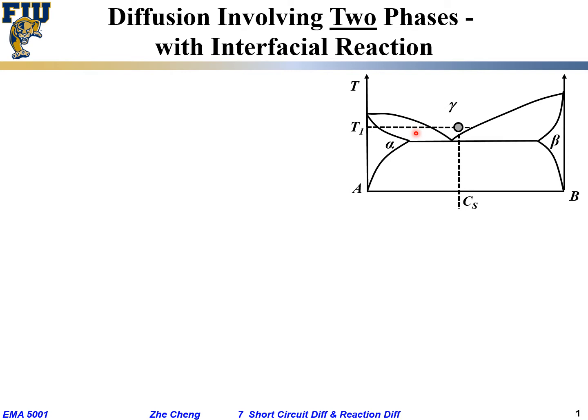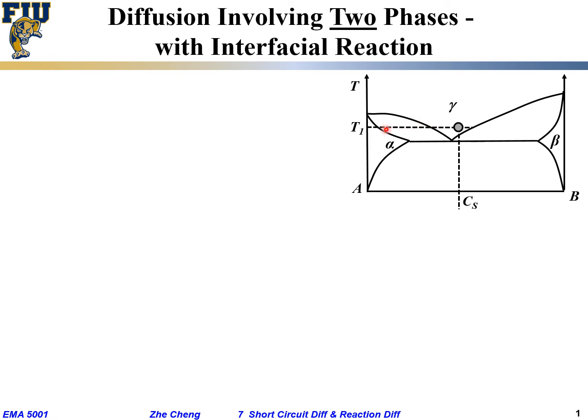And then what you learn in thermodynamics for the phase diagram to interpret, if I'm within a system composition within here under equilibrium, the composition for each of the phases would be decided by the so-called tie line, right?